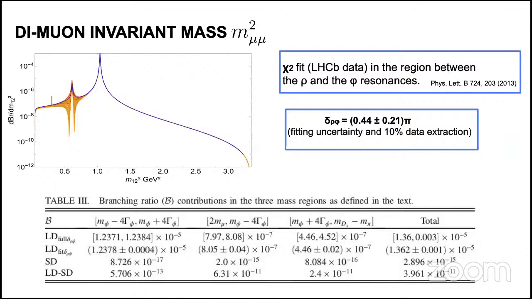In the table, we have three regions where we calculate the long distance. The first considers all values of the phase. The second considers the central value and the region within the error. The third considers short distance, and the last considers the interference between long distance and short distance.